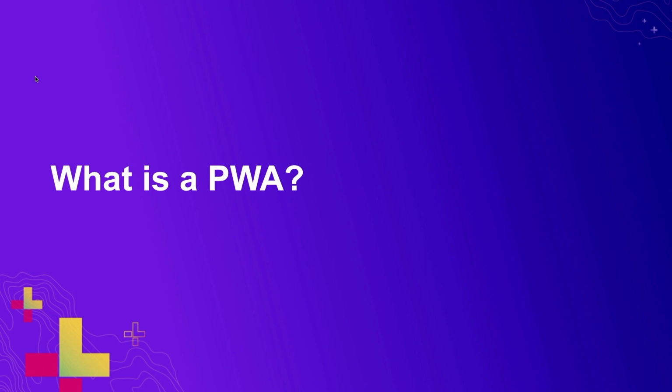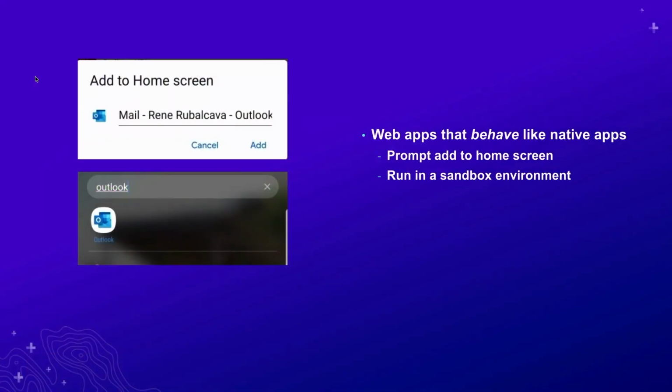So what is a PWA? All right, so if you've ever gone to a website on your phone, you might have gotten prompted to add that application to your home screen. And then once you do, it's going to go ahead and add an icon on your home screen for you as well. So progressive web apps are apps that essentially behave like native apps.